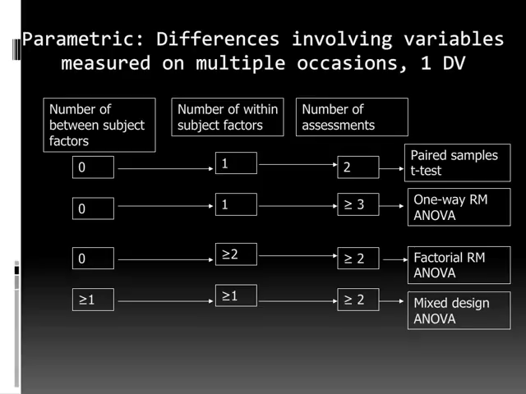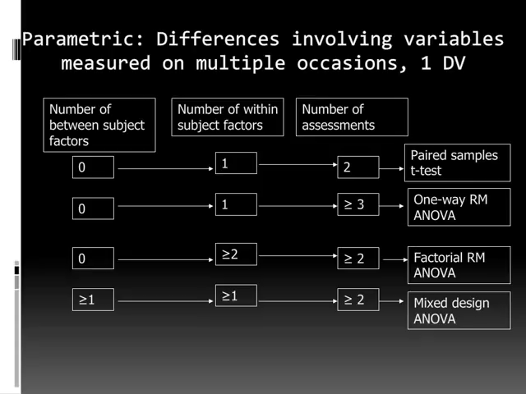Unlike repeated measures ANOVA, a mixed design ANOVA has a between subject factor that divides the sample into distinct subgroups. Similar to a repeated measures ANOVA, a mixed design ANOVA has a within subject factor that distinguishes measurements made on the same subject. Similar to a repeated measures ANOVA, there is only 1 dependent variable.